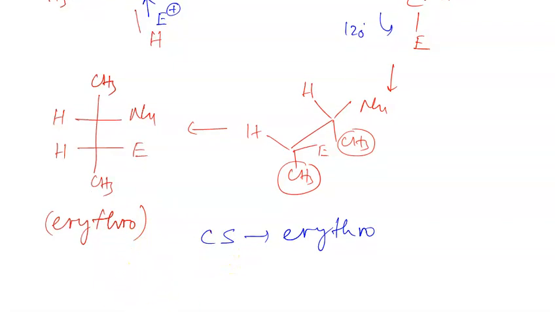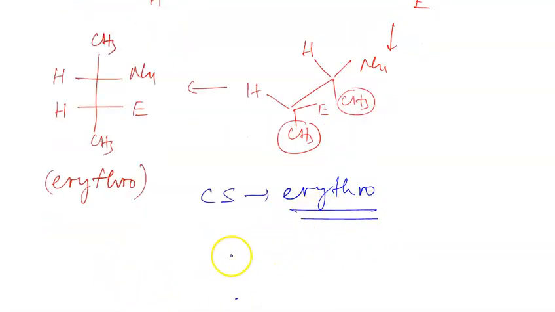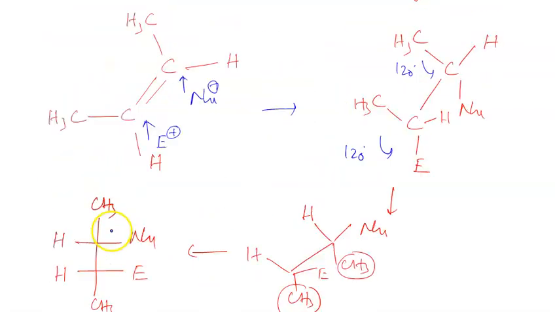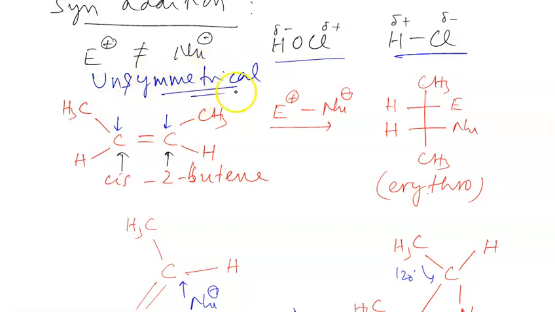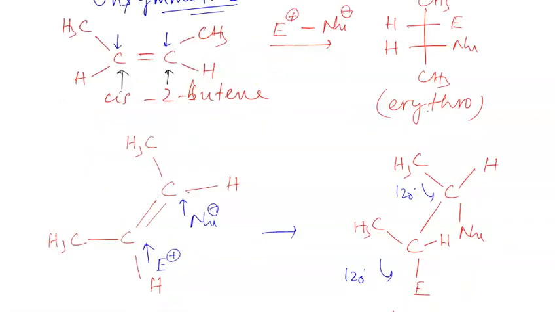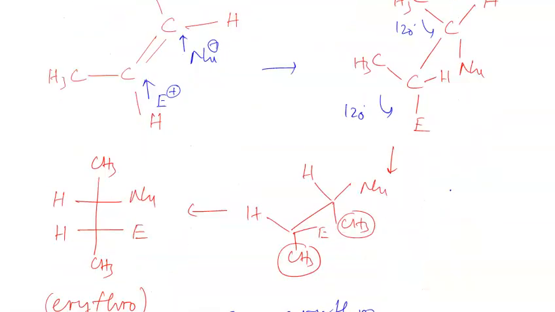When our reagent is like this, E Nu, it is unsymmetrical. When the reagent is unsymmetrical, we are getting the erythro product. Now let us see what happens when the reagent is symmetrical.